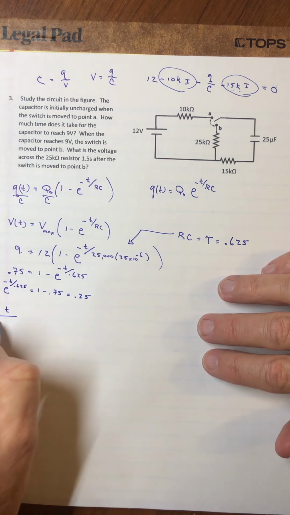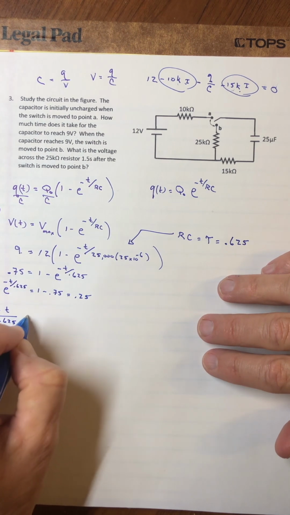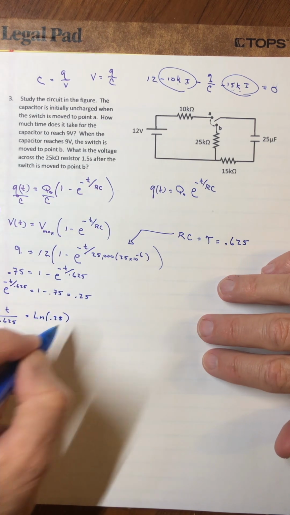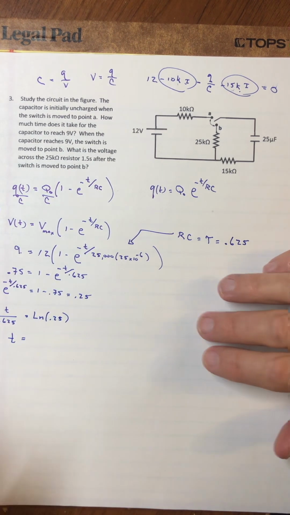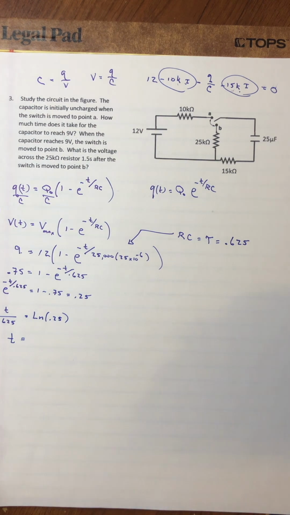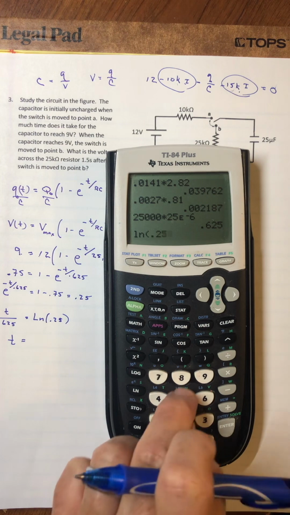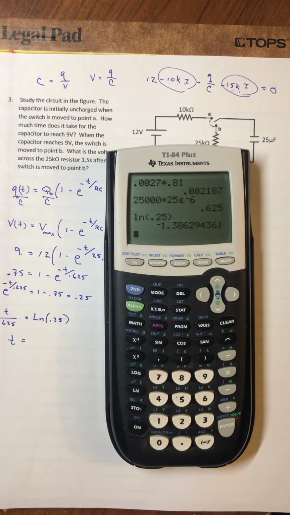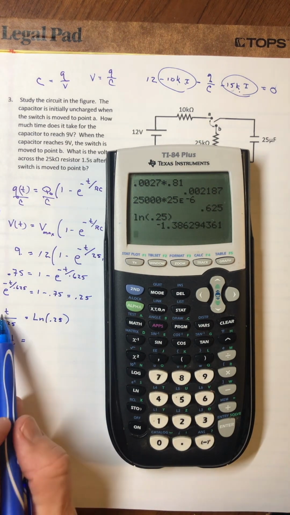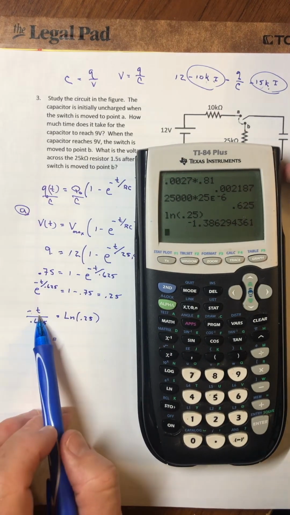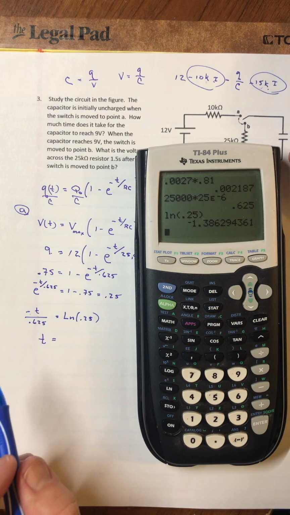And of course, now if I take the natural log of both sides and eventually solve for t. All right, so let me take the natural log of 0.25, and it's less than 1, so that ought to be a negative number. And that's good because I want to take the negative of this here.